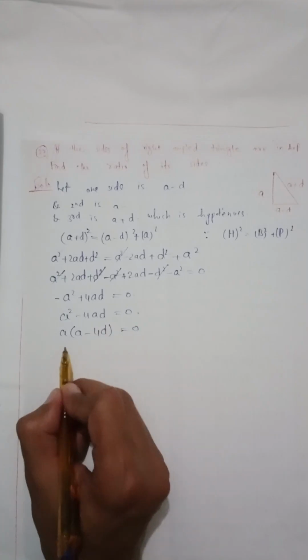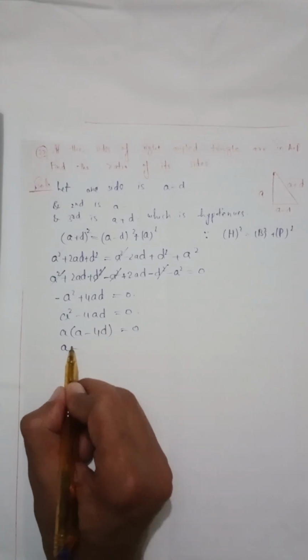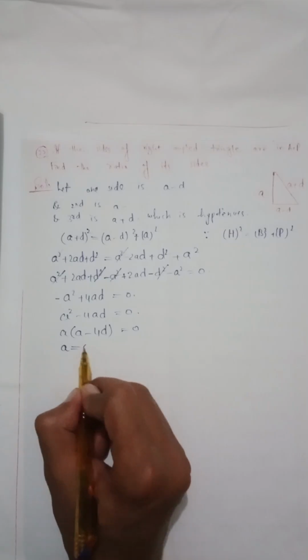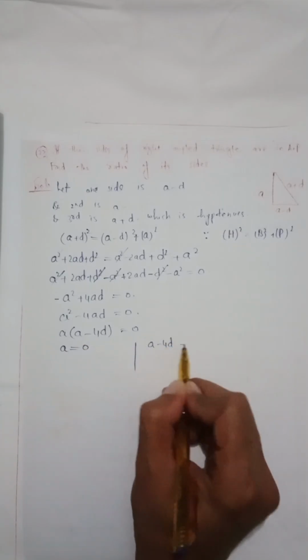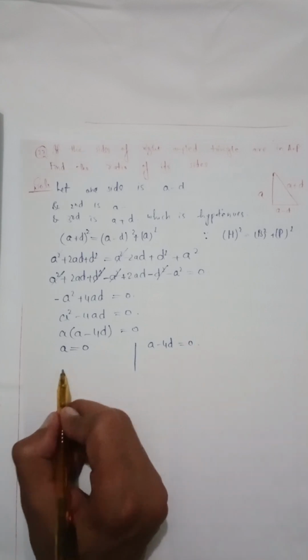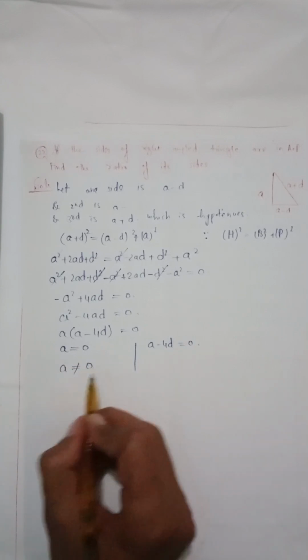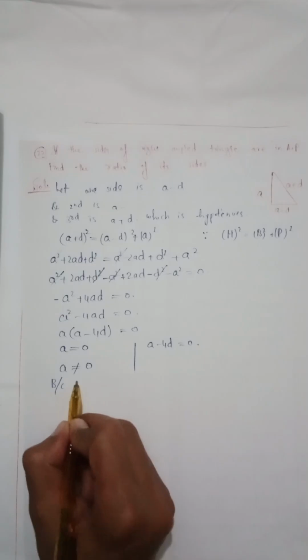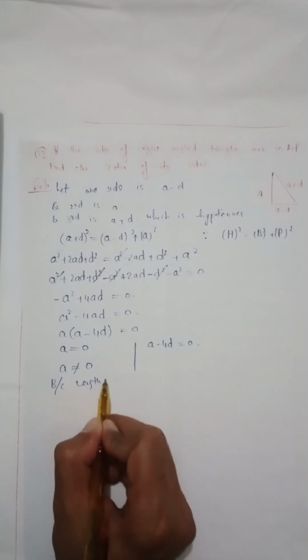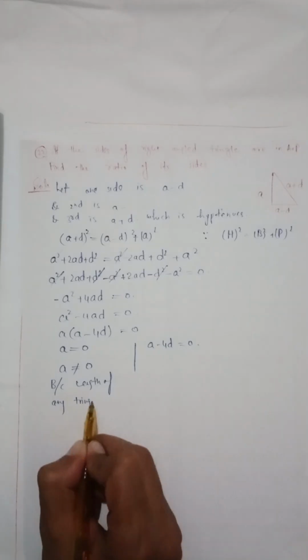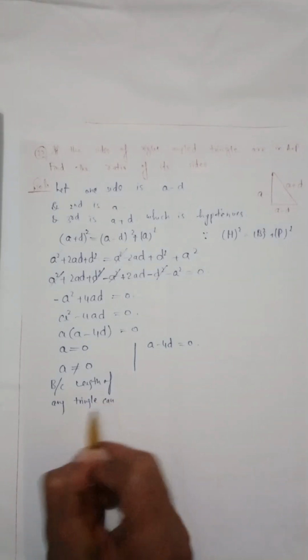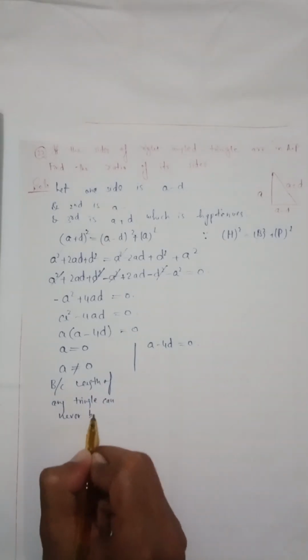If a is common, then a is equal to 0 or a minus 4d should be equal to 0. But a cannot be equal to 0 because length of any triangle can never be 0.